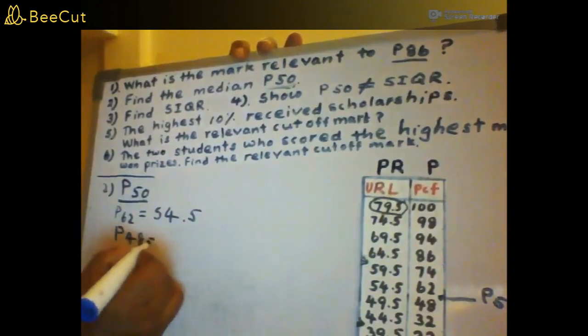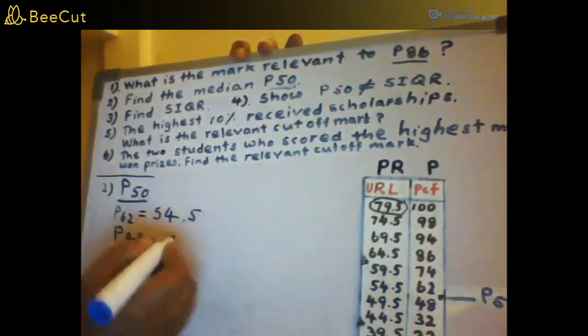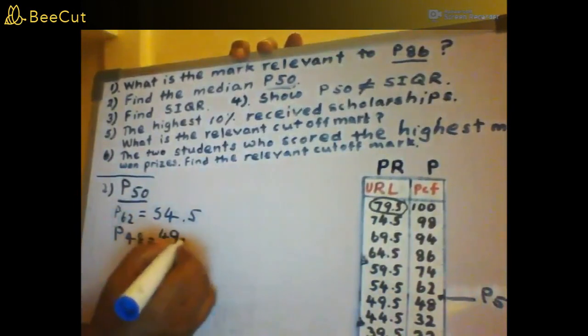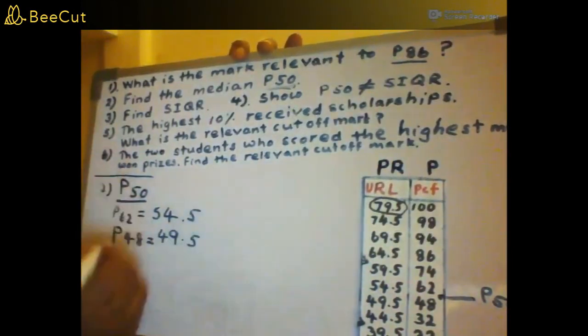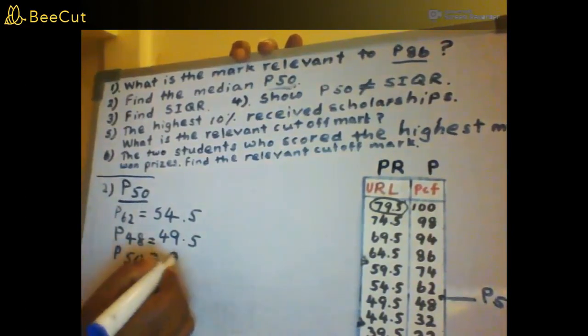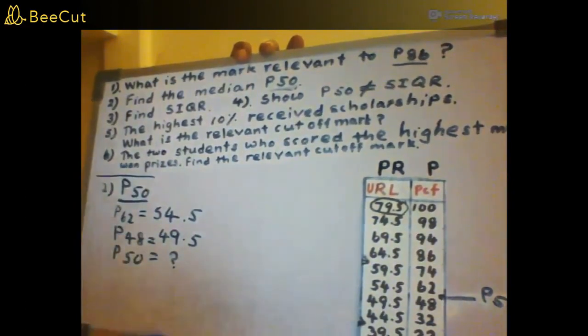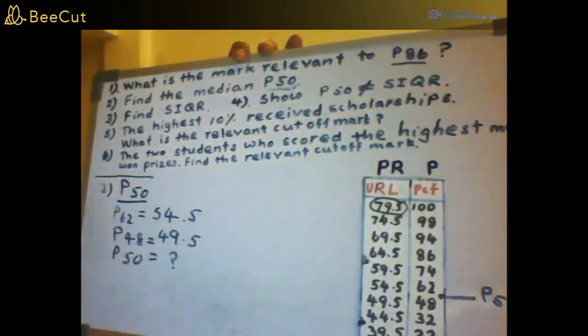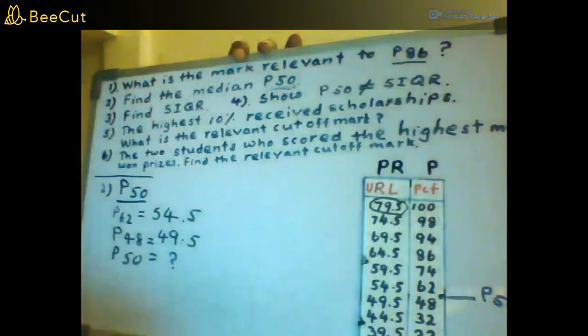P48 equals 49.5. We have to find P50. That we don't know. So that's it. And now what's the next step?